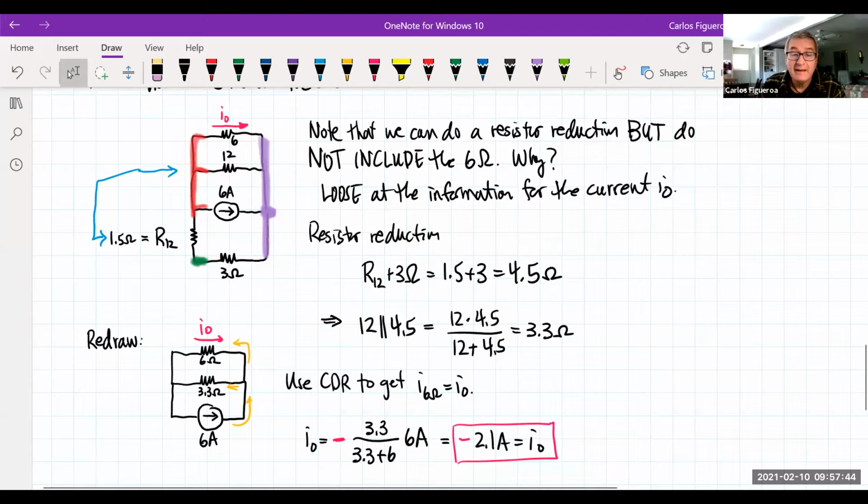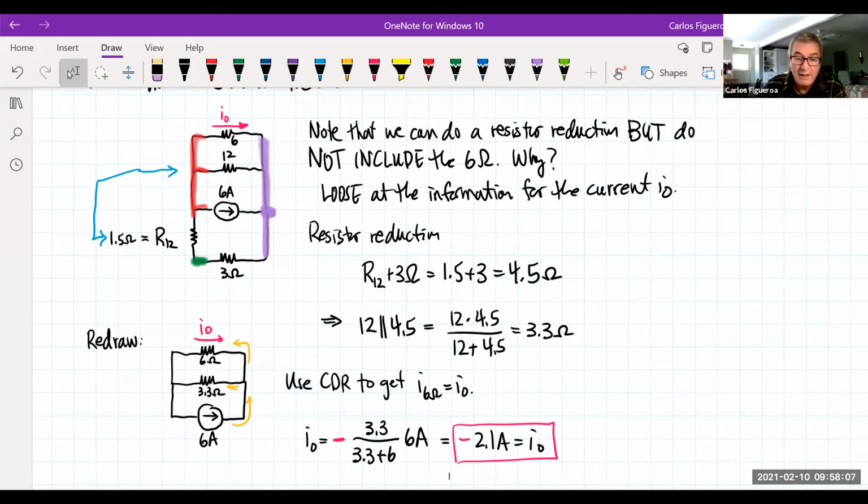Okay, now we're gonna move to the next stage. What we're doing here is that we have now finished circuits that primarily focus on resistor reduction. In all of these calculations, did I ever use KVL or KCL? If I did, it was bare minimum.